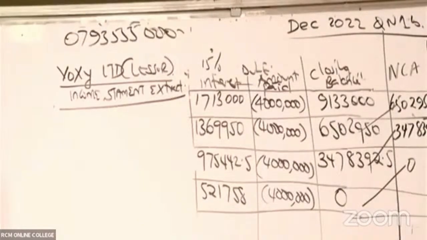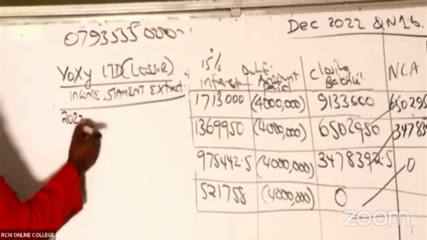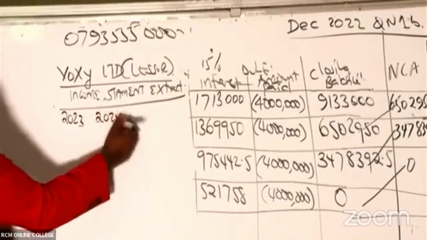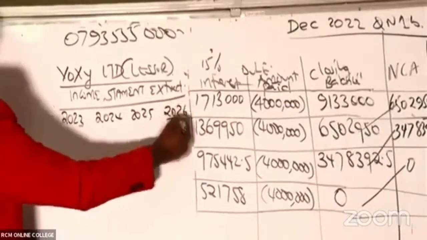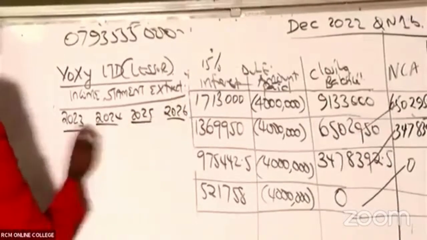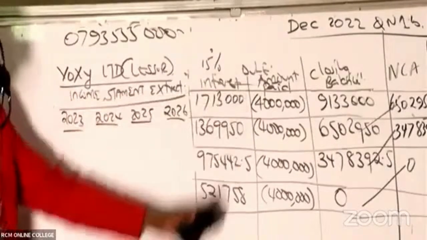Voxy Limited, lessor, income statement extract. We are just extracting sections of the same. So remember our years, we have 2023, 2024, 2025, 2026 like that. Of course, Voxy will call this one interest income.